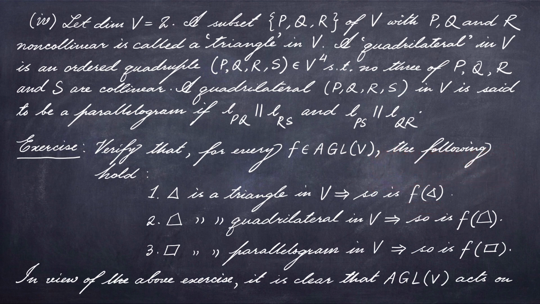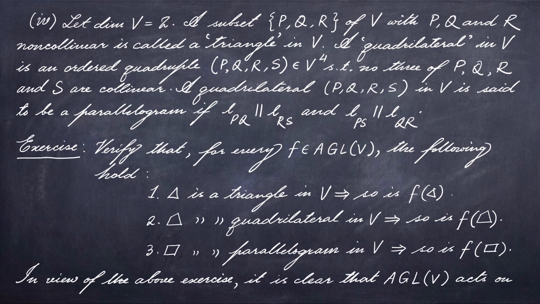Similarly for quadrilaterals, it's easy to see that if we are given a triangle and an F, then the image of this triangle under this affine transformation is again a triangle. Similarly, the image of a quadrilateral under an affine transformation is a quadrilateral, and the image of a parallelogram under an affine transformation is again going to be a parallelogram.